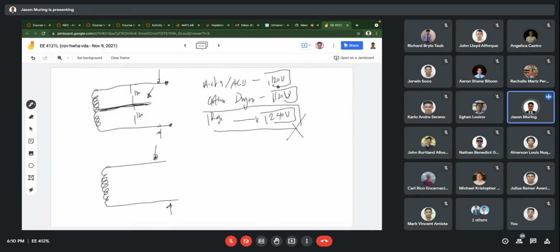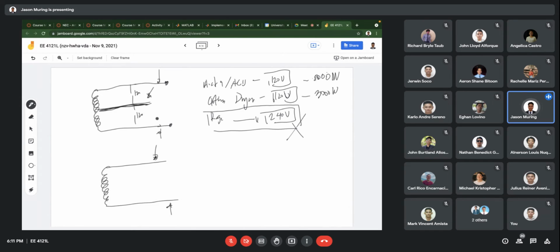Then for these two, suppose we only have three. Let's say this is 5,000 watts, then let's say this is 3,000 watts.